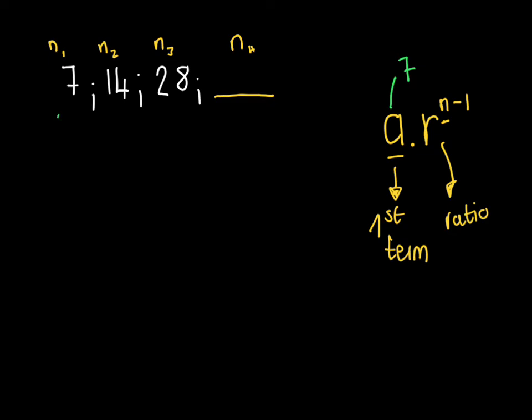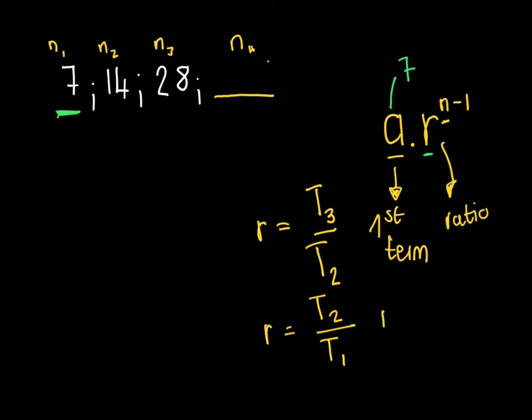And when we have to figure out what R is, we're going to look at our third term, term 3, divided by our second term, term 2. And R should also be our second term, term 2, divided by our first term. We should get the same answer for both of these R's, and that's how we can prove what R is.